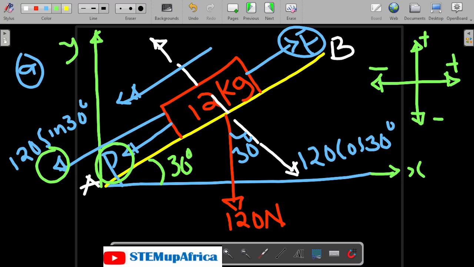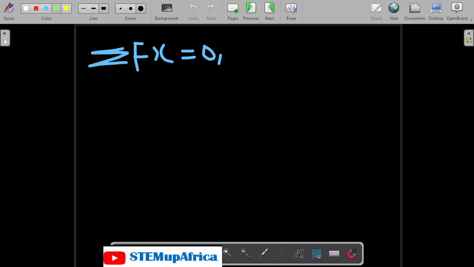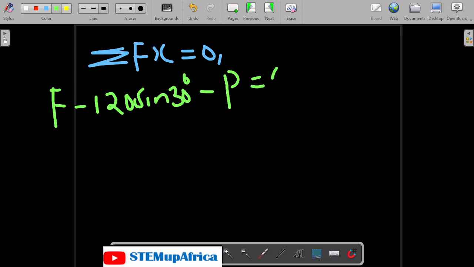So with that, let's consider the first condition, summation F of x equals 0. F is positive, 120 sine 30 is negative, and P is negative. So F minus 120 sine 30 degrees minus P is equal to 0. Since I'm looking for P, I will make P the subject of the formula.